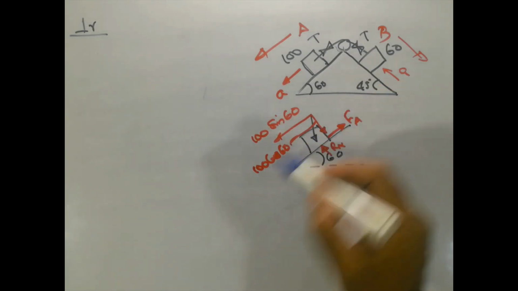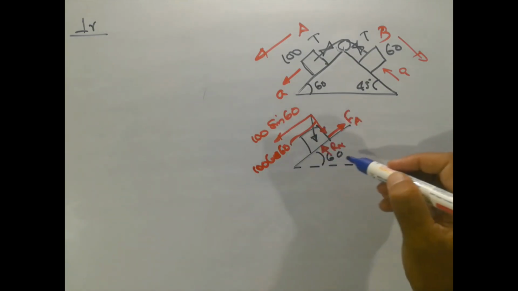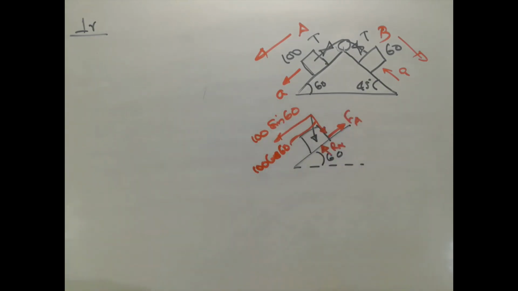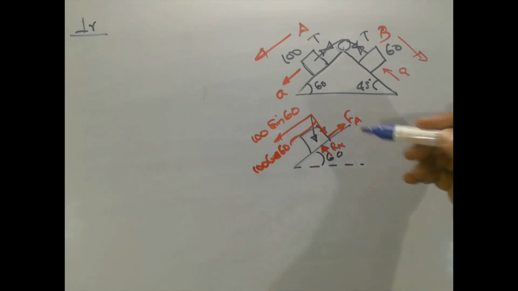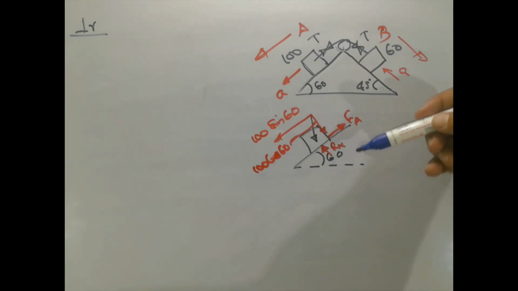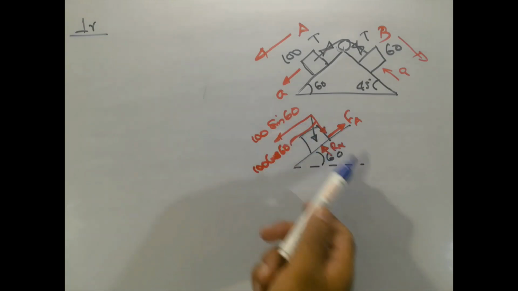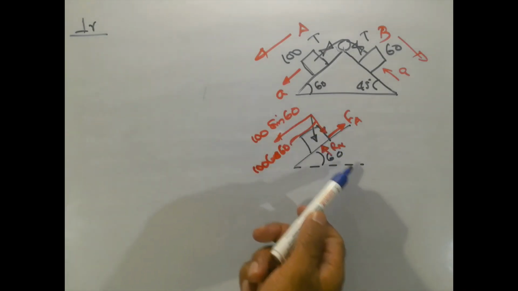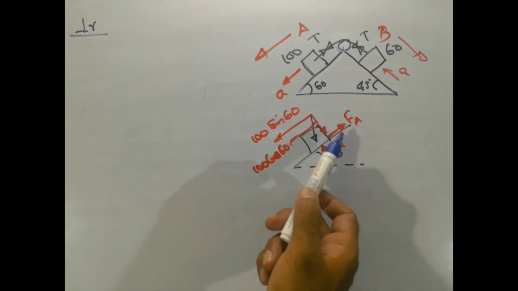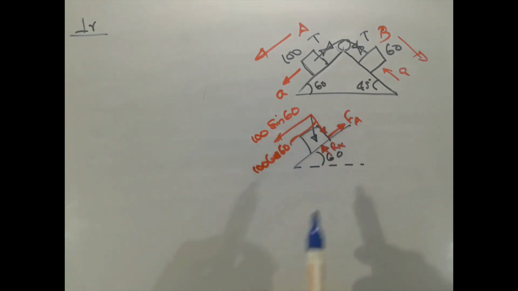Rn and 100 cos 60. We know there is no motion perpendicular to this plane, that is, in this direction the block is not moving. That means we can apply the equation of equilibrium in the perpendicular direction.